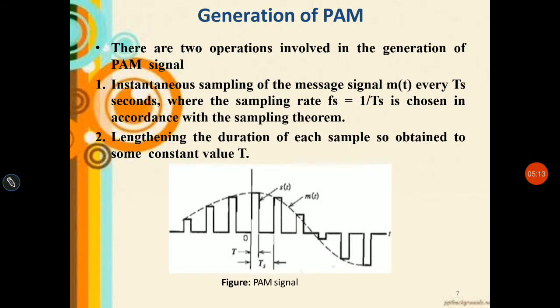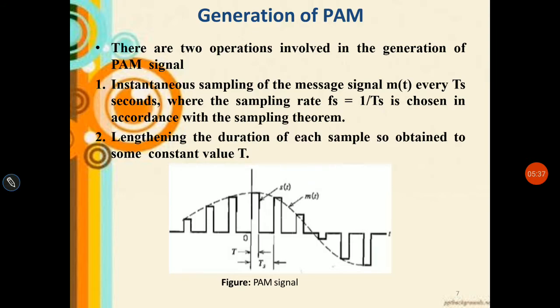Next, generation of PAM. There are two operations involved in the generation of PAM signal. First is the instantaneous sampling of the message signal m(t) every Ts seconds, where the sampling rate Fs is equal to 1 by Ts, chosen in accordance with the sampling theorem.